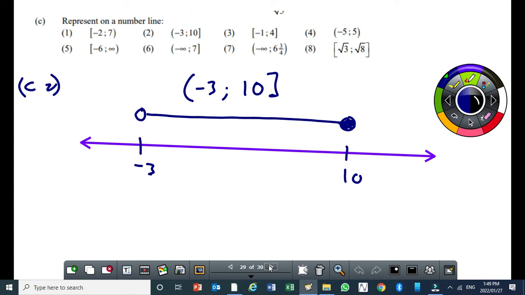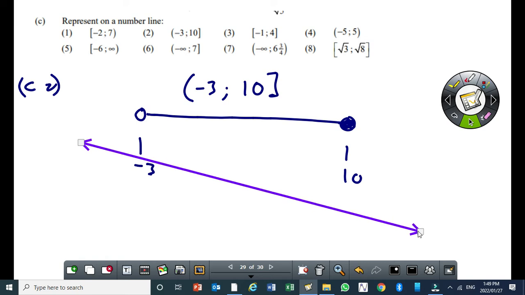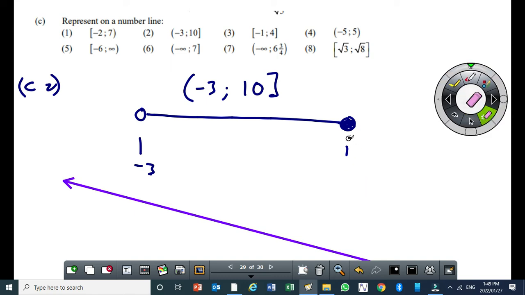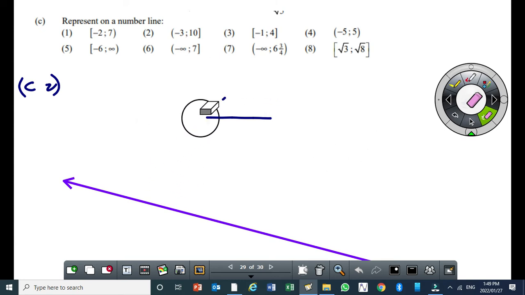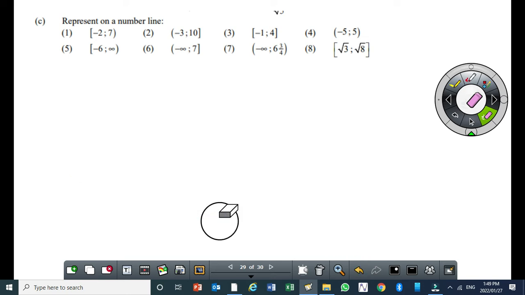Okay. Right, so I'm going to erase. I'm just going to drop the line. Now just erase this. I've got another page with this. This is the beauty of technology, by the way.